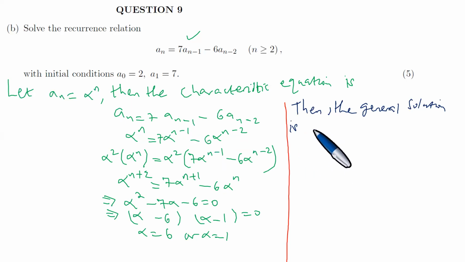So a_n is equal to an arbitrary constant A, you take 6 and raise it to the power n. B is the next one, times 1 to the power n.